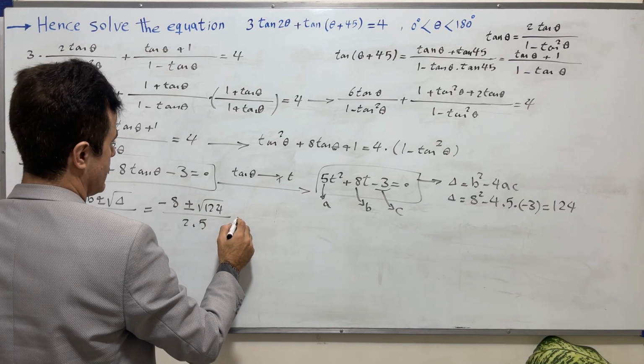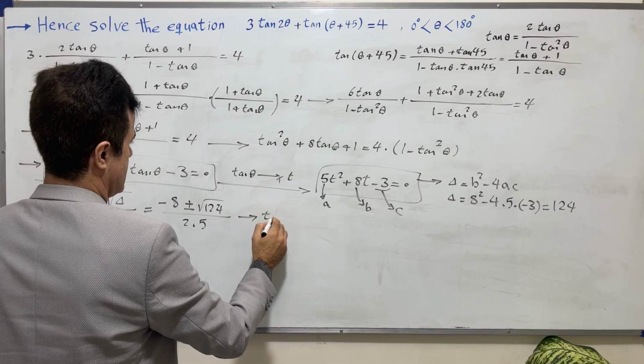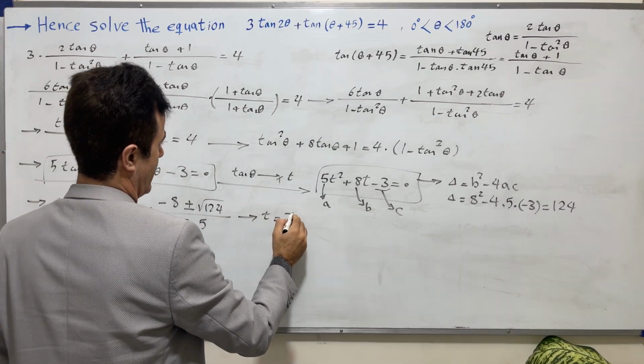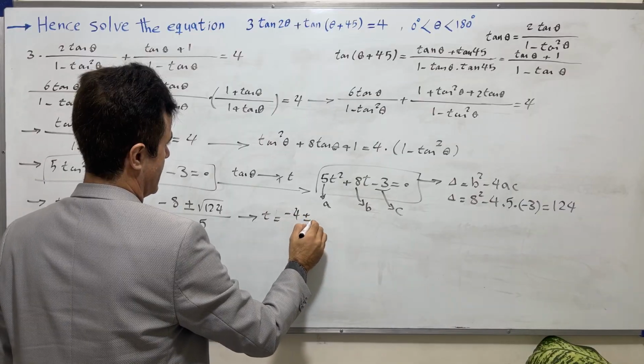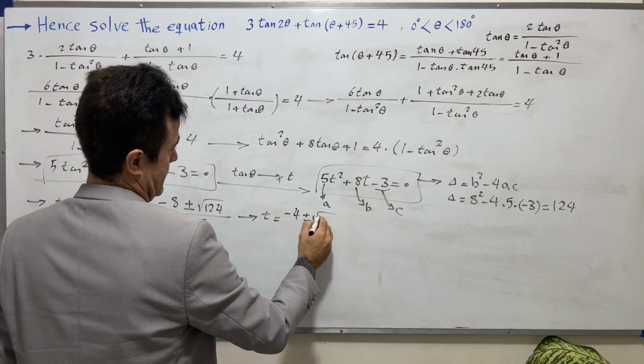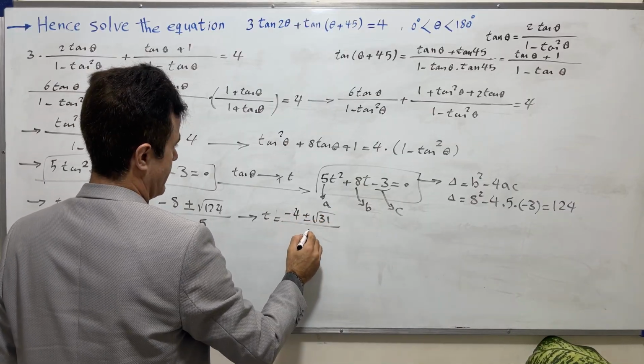By simplifying, t equals minus 4 plus or minus radical 31 over 5.